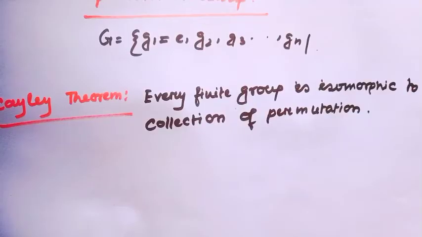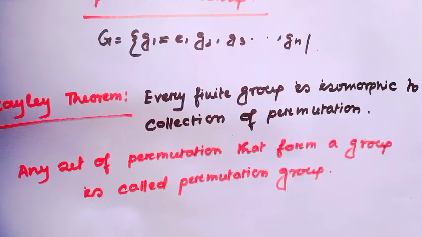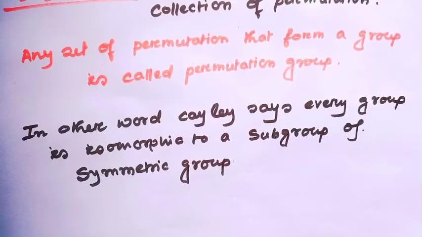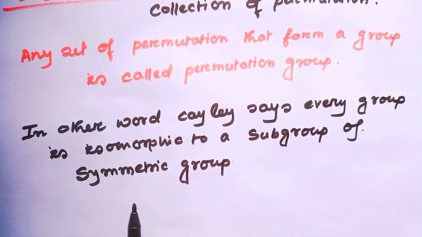And Cayley's theorem tells us every finite group is isomorphic to a collection of permutations, and any set of permutations that forms a group is called a permutation group. It does not mean the set of all permutations that form a symmetric group. In other words, Cayley says every group is isomorphic to a subgroup of a symmetric group. That means if we understand the permutation group clearly, then we can construct any finite group.